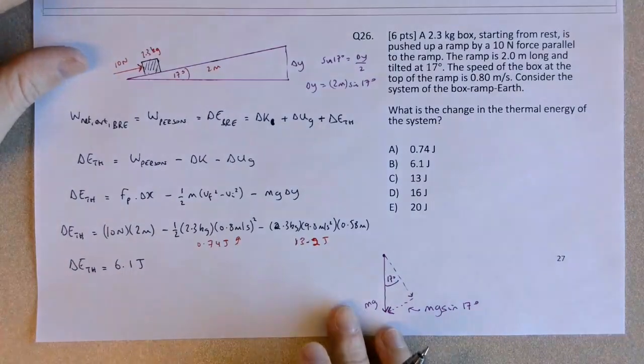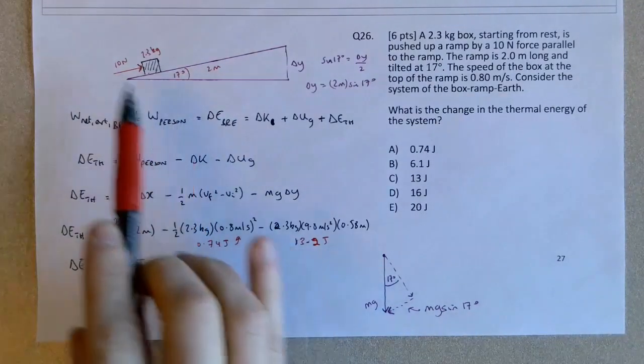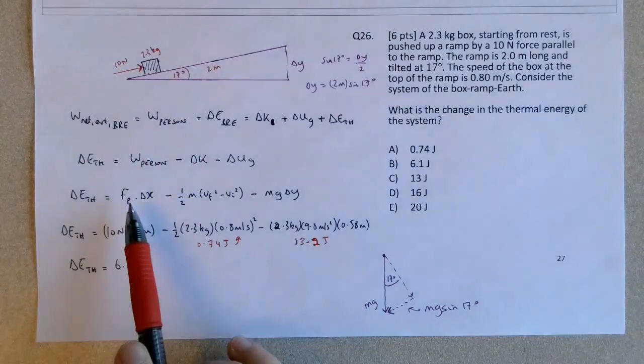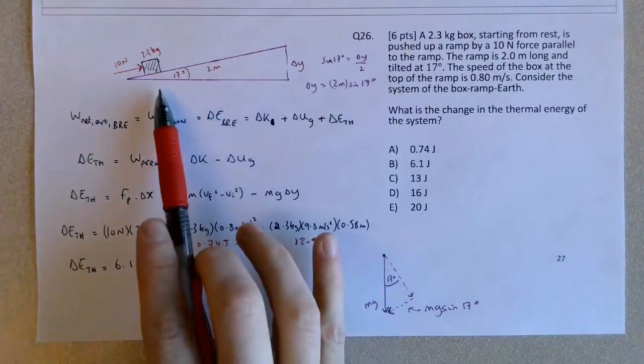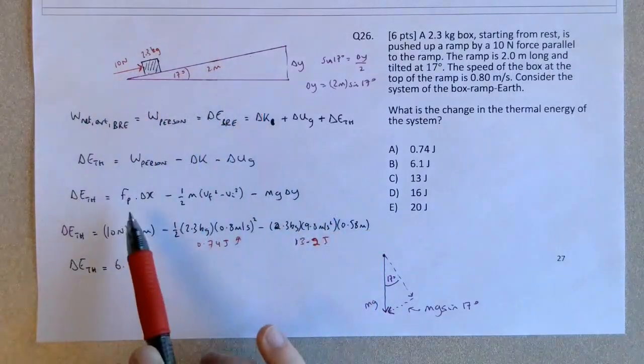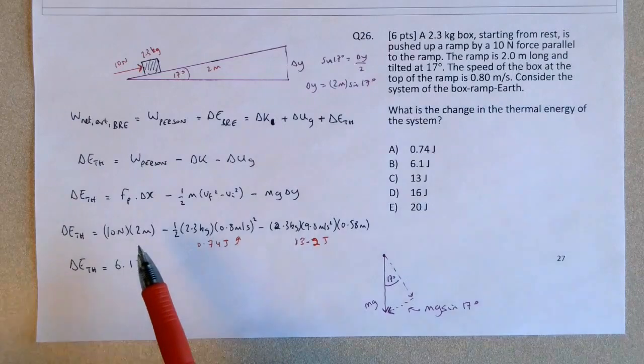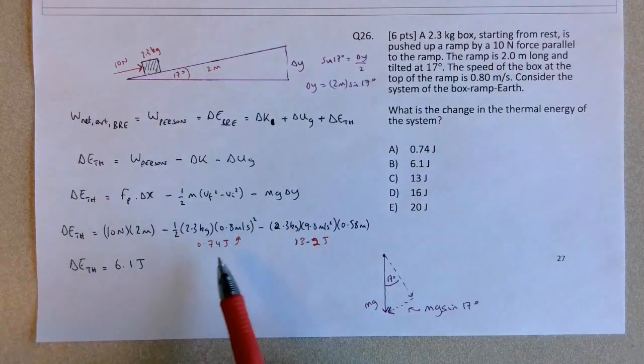So if you want to think about it at the beginning, like what this person is doing: the person's doing 20 joules of work. They're pushing a 10 newton force for a distance of 2 meters. The force and the displacement are parallel to each other, so they're putting 20 joules into the block-ramp-Earth system. And they're seeing very little change.